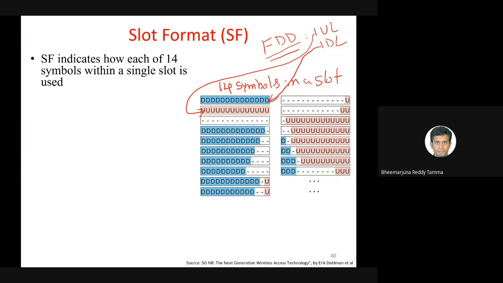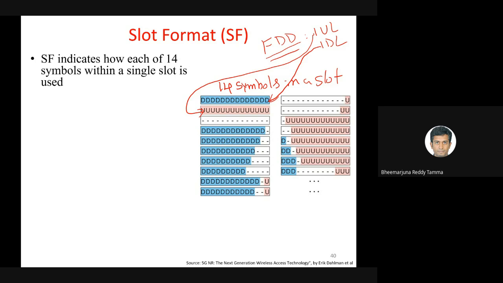That is the kind of problem that you can see with FDD, which is insensitive to the traffic fluctuations or variations and may not be able to meet all the kind of guarantees that you expect for different applications.